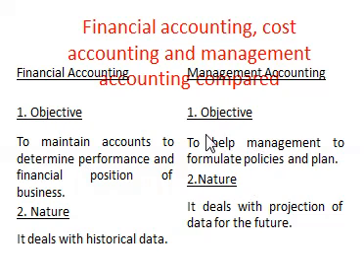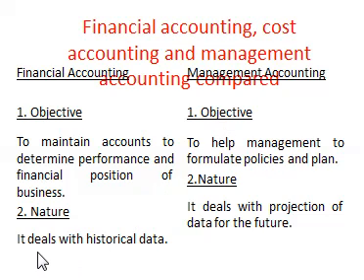When it comes to management accounting, the objective is mainly to help management to formulate policies and plan. So the information that you get from different accounting disciplines will help you to formulate policies and plan for future actions.